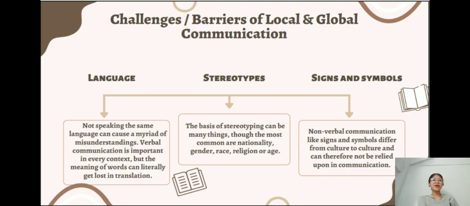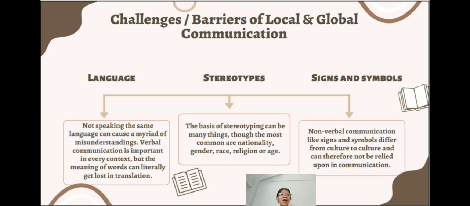Let's now learn about the challenges or barriers of local and global communication. What are the challenges or barriers of local and global communication? First, we have the language. Not speaking the same language, or not speaking their language very well, can cause a myriad of misunderstandings.